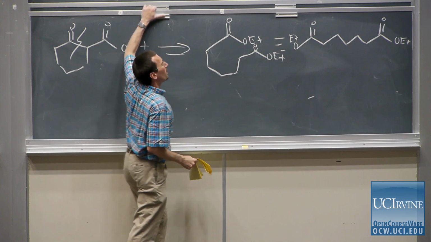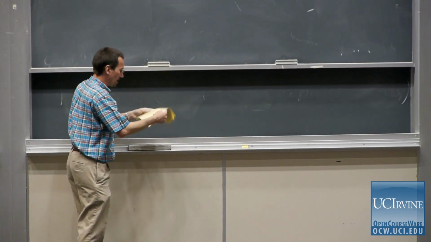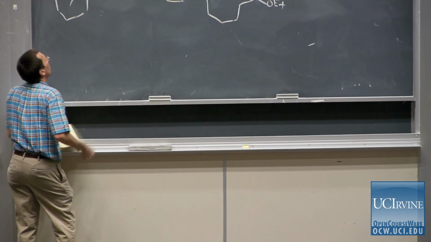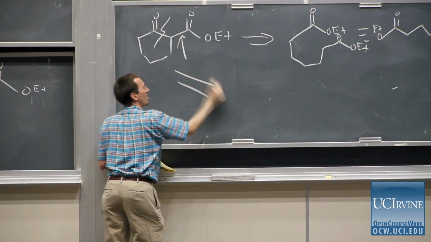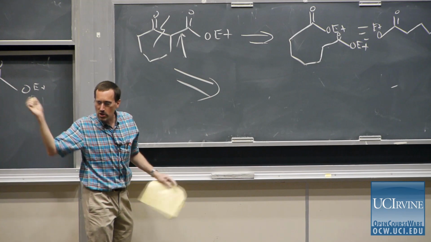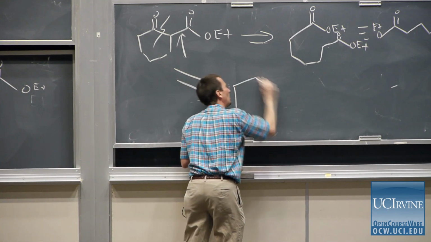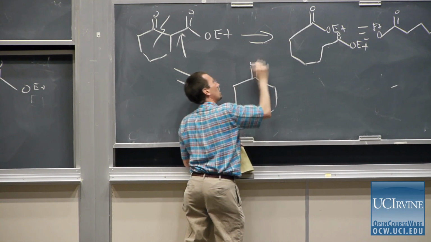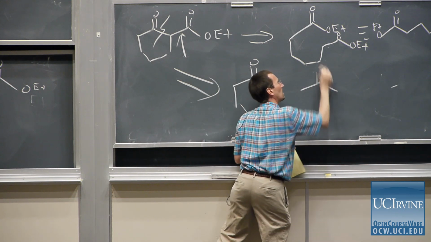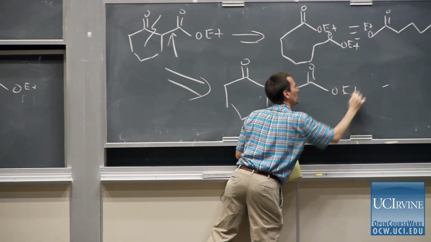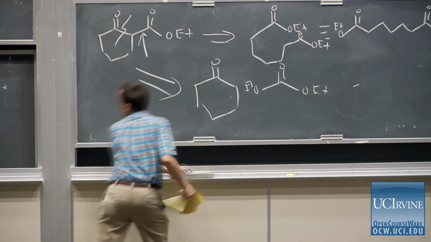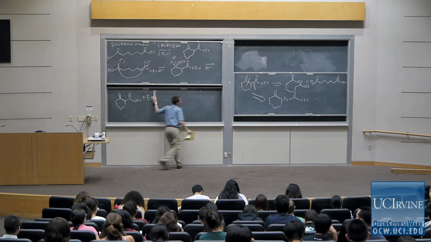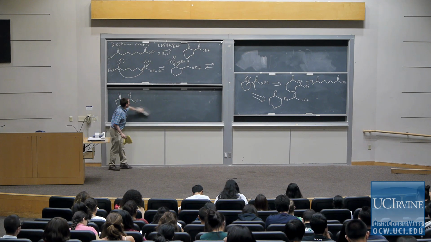And so you can see one way to break it apart. But you can also see a second way to break it apart. We saw that way just a moment before. That way breaks it apart to cyclohexanone and diethyl carbonate. And that's really the beauty of being able to recognize these relationships.